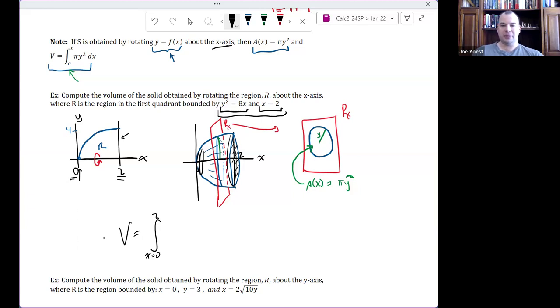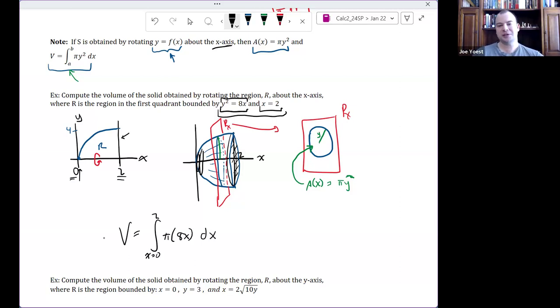I want to integrate pi y squared. Nicely enough, we already have y squared equals 8x. And of course, we're integrating dx. Everything is consistent between the picture, my integrand, my variable of integration, and my bounds. I just want to make sure all of those mesh and that I'm not having one variable in some places and a different variable in other places.